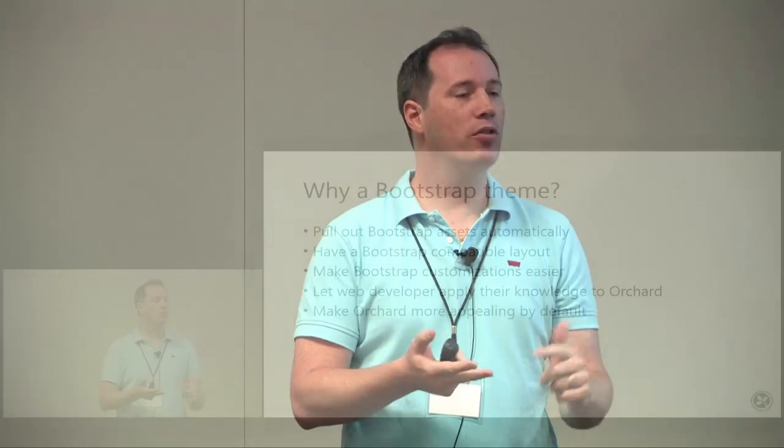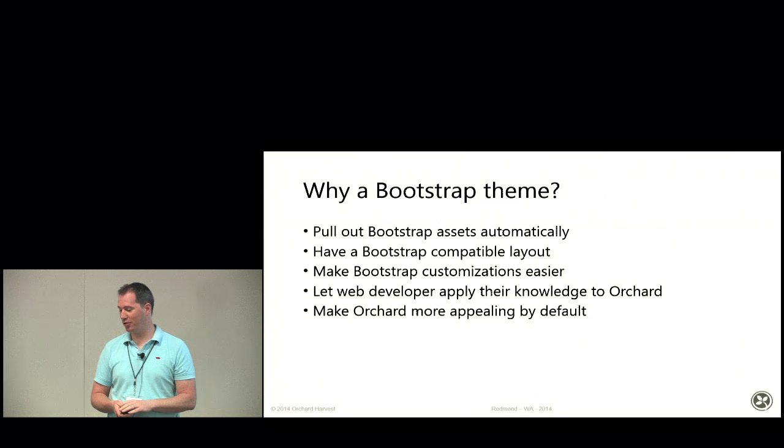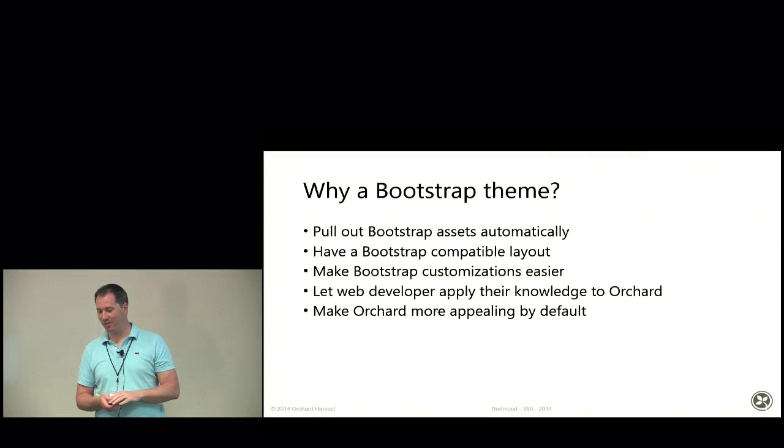Make Orchard more appealing by default, because you know Orchard is ugly, and it's slow, complex, and ugly. Okay, no one wants to marry Orchard. You almost have. I have married Orchard. And when you set it up by default, it's not that nice, okay? This is a big difference with WordPress, for instance.